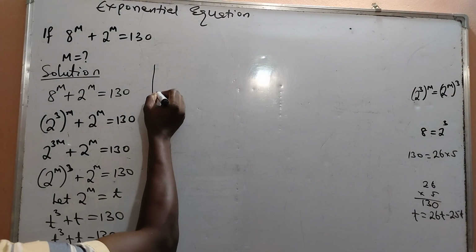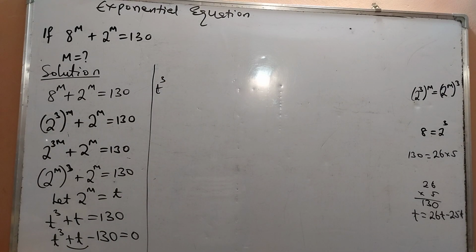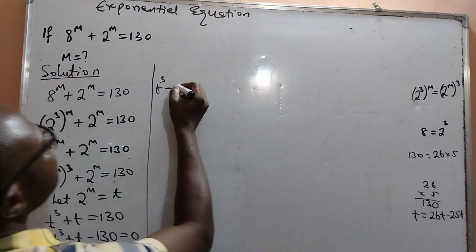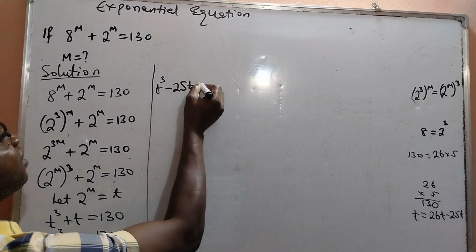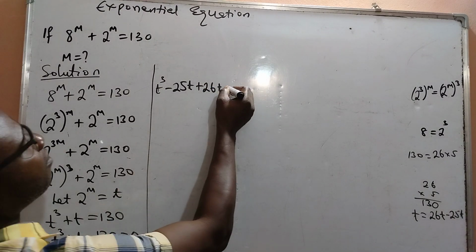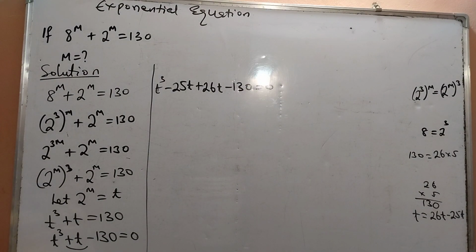Now what I will write is t raised to the power 3 minus 25t plus 26t, then minus 130 is equal to 0.